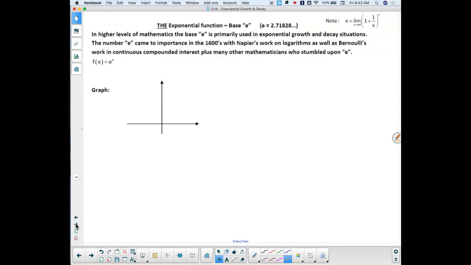The number e came to importance in the 1600s with Napier's work on logarithms, as well as Bernoulli's work on continuously compounded interest.